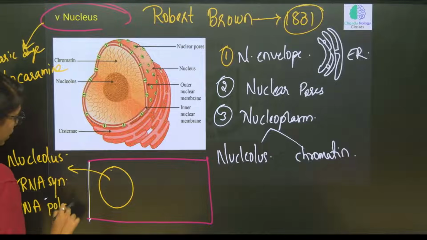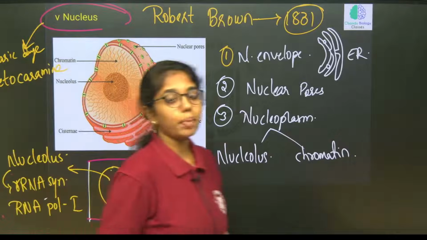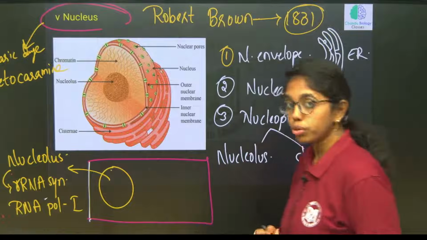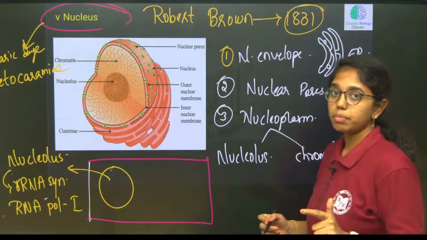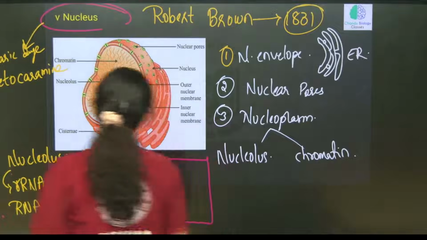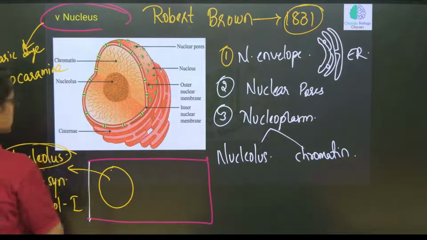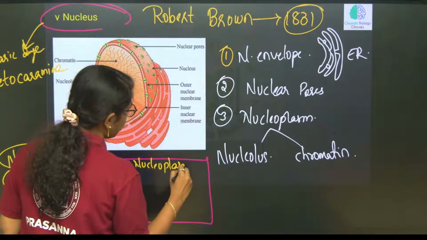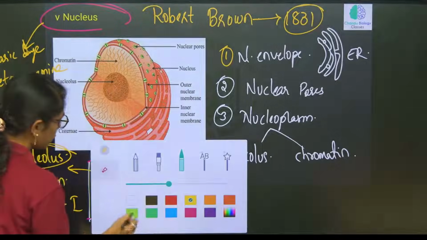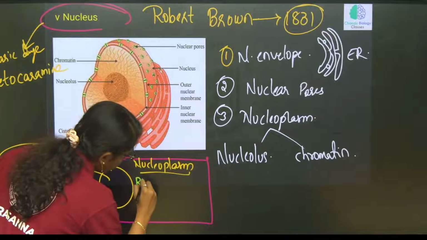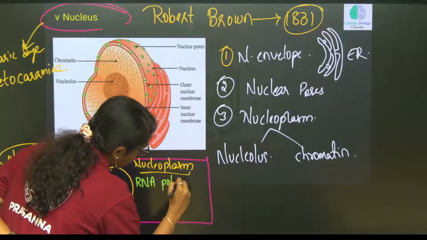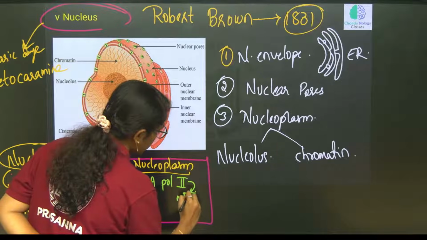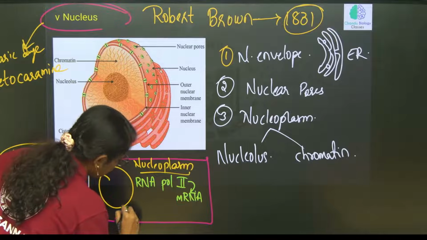Inside the nucleoplasm, mRNA is synthesized by RNA polymerase 2 and tRNA is synthesized by RNA polymerase 3.